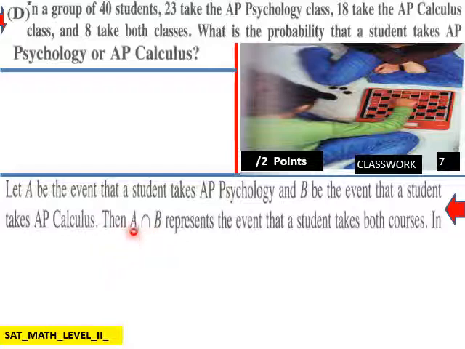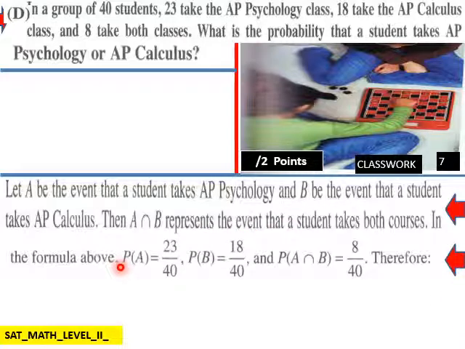Then A joint B represents the event that a student takes both courses. In the formula above, probability of A would equal 23 over 40, probability of B would be 18 over 40, and probability of A joint B would be 8 over 40.